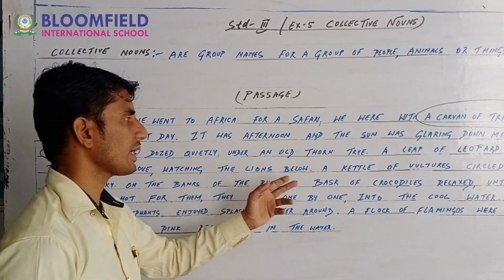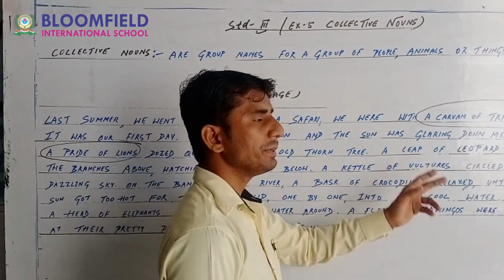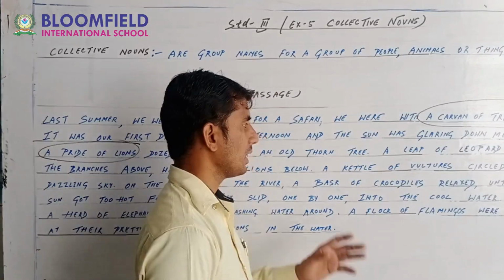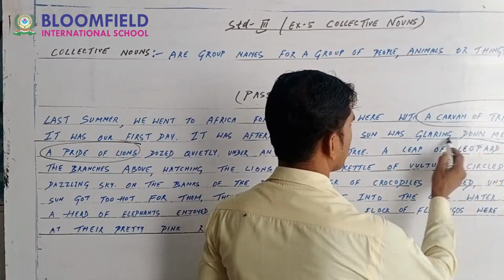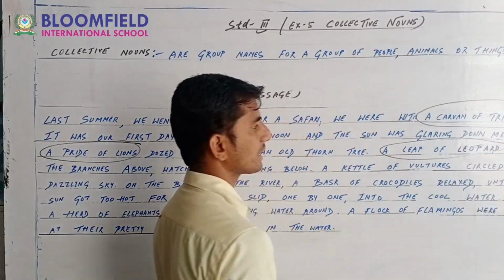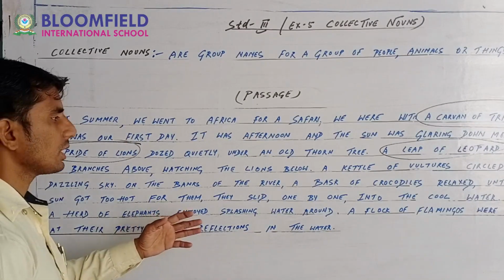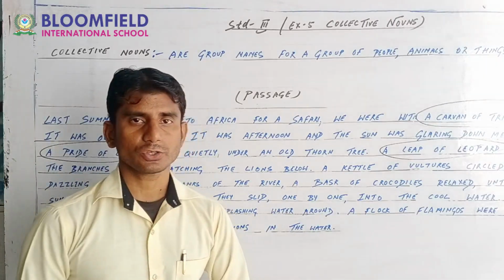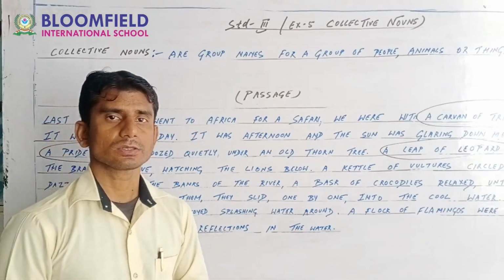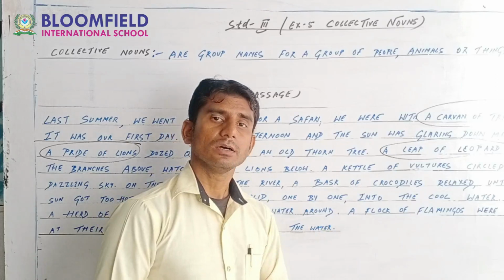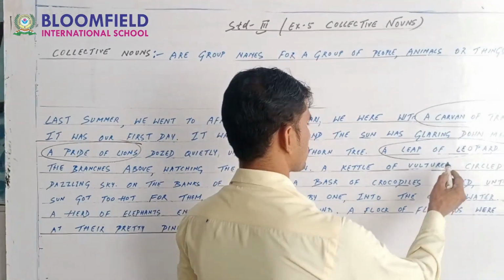Dozed quietly under an old thorn tree. A leap of leopard. A group of leopards is called a leap of leopards. Okay, circle it. Lay on the branches above, watching the lions below. A cattle of vultures. A group of vultures is called a cattle of vultures.